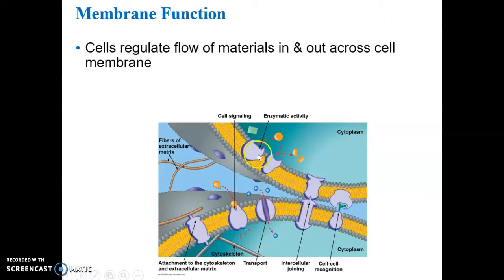And notice here, some proteins are enzymes that are on the membrane, and they act in speeding up chemical reactions. Notice the different shapes of these proteins indicating their different functions. Okay, but notice that some membrane proteins are enzymes or have enzyme activity.